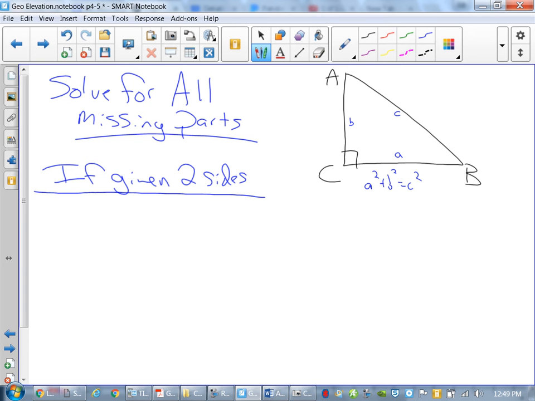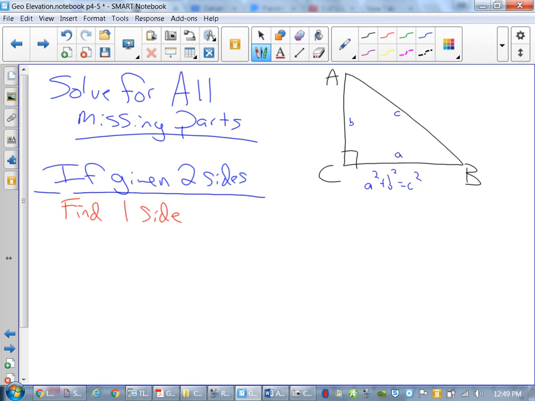No, they're not proofs. And people keep asking because I say if you're given, well, you don't have to prove. Don't worry about that. But if you're given 2 sides of a triangle, how many other sides are there? 1. How many other angles are there to worry about? Well, 3, but you already know one of them. 2. So if you have 2 sides, that means you're going to have to find one side.